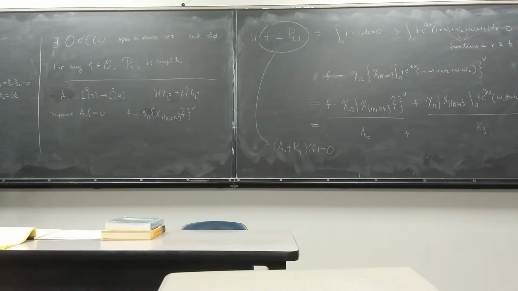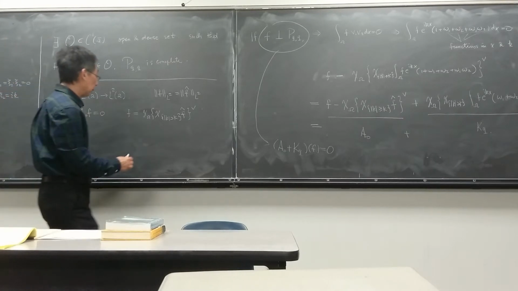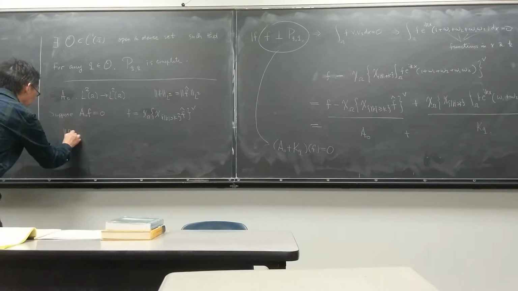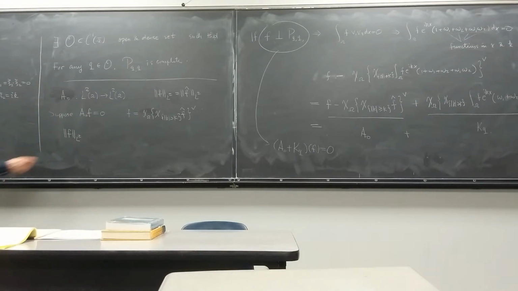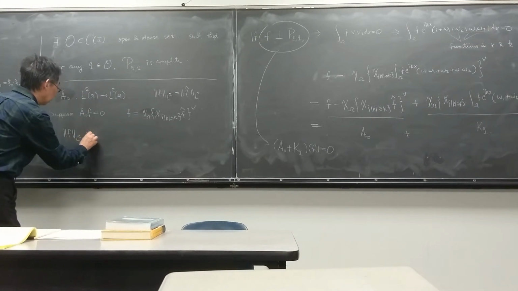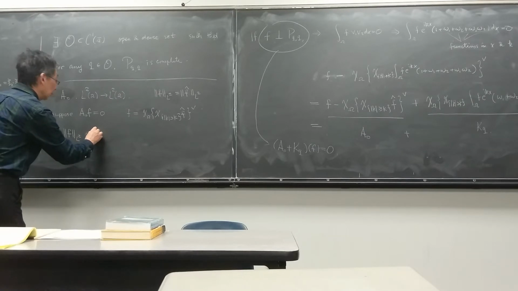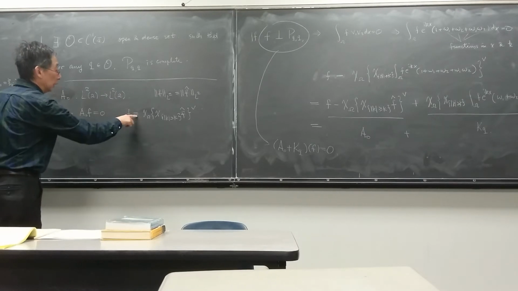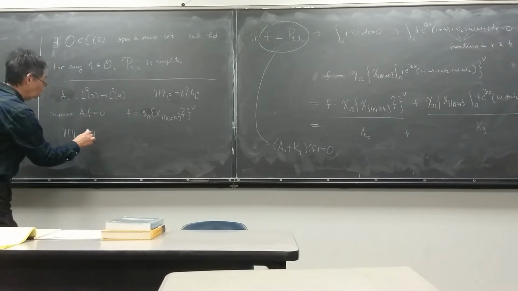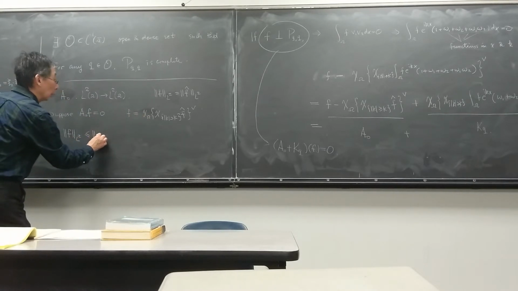Okay. So therefore, if you take the F naught, L2 naught, then you can see that this will be less or equal than, using this identity, exactly this one.